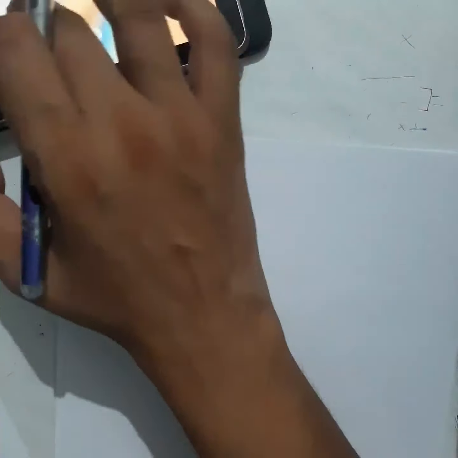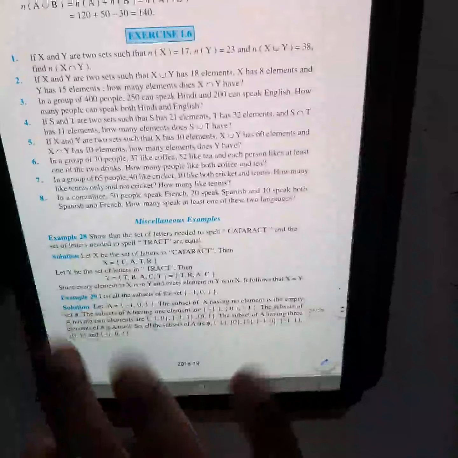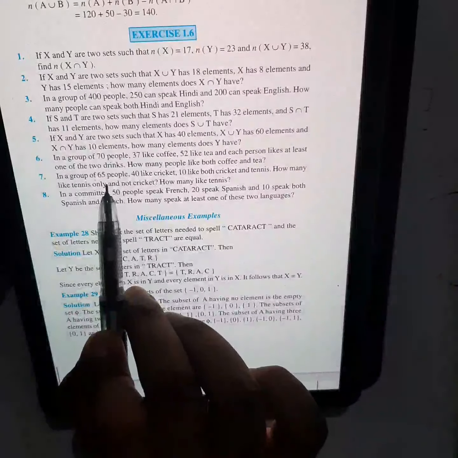Now the question is how you will write it down, right? So see carefully. First thing, always write down the given things from the question. First see whether the set name is mentioned or not. So number 7, in a group of 65 people, 40 like cricket. So cricket, how many people like? 40 people. So let me name that set.